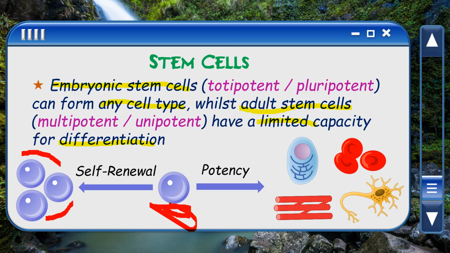And then its potency is whereby that particular cell can form for us different specialized cells or tissues. Renewal, it can continue to divide and replicate itself. Potency, it can specialize and give us different types of cells or tissue.